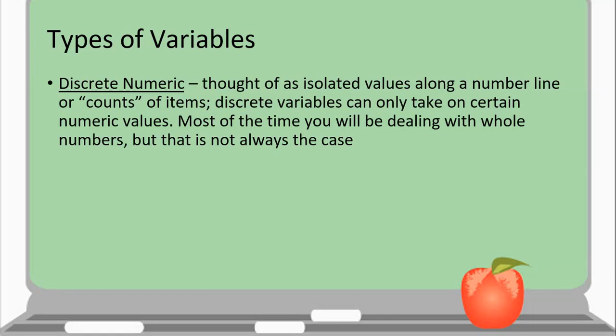If it's something we count, it's typically discrete numeric. Some examples: the number of siblings a person has. They could have 0 siblings, 1 or 2. These are specific numbers that are realistically a number of siblings someone can have. You're never going to have 3.5 siblings or 1.8 siblings. That just doesn't make sense, right?